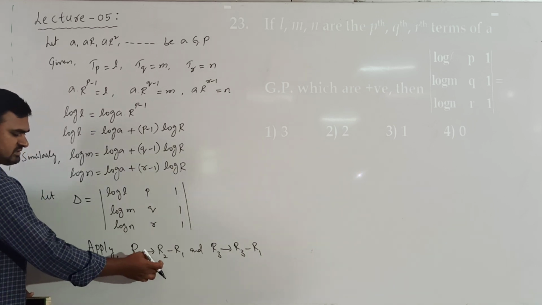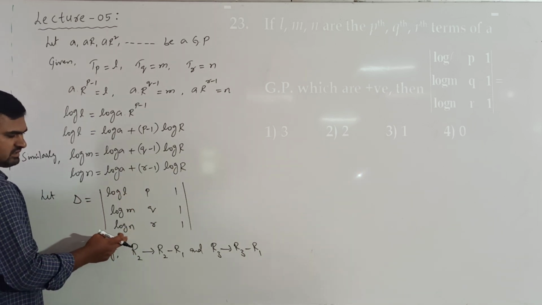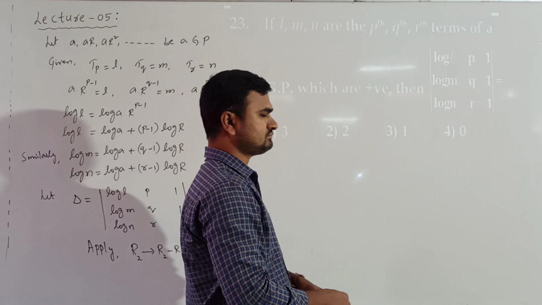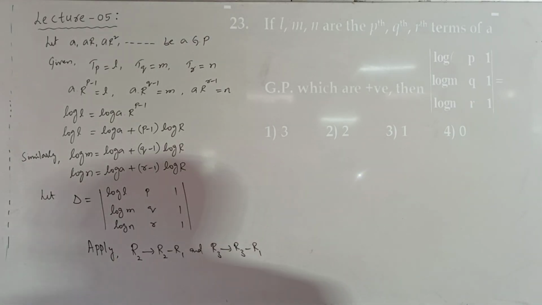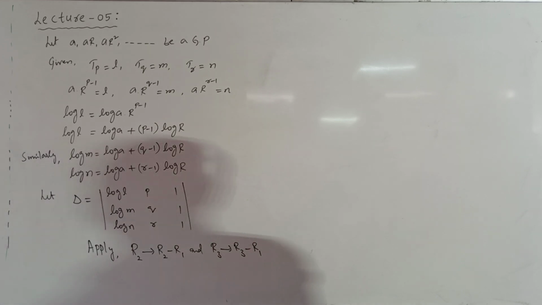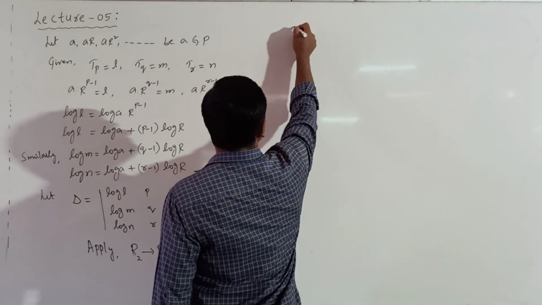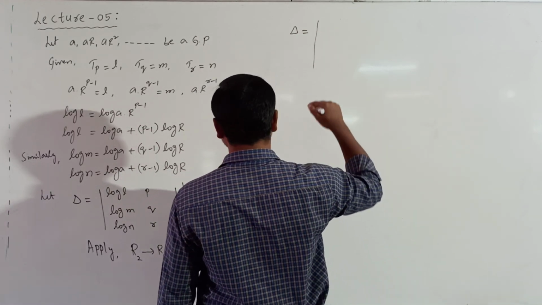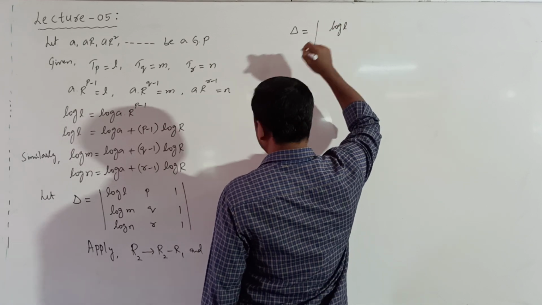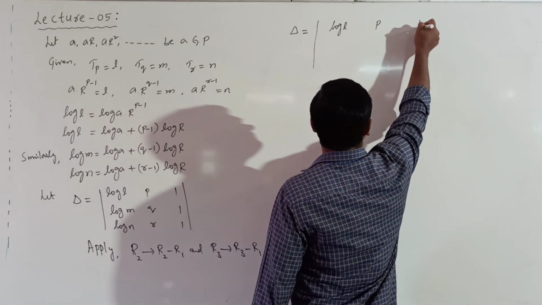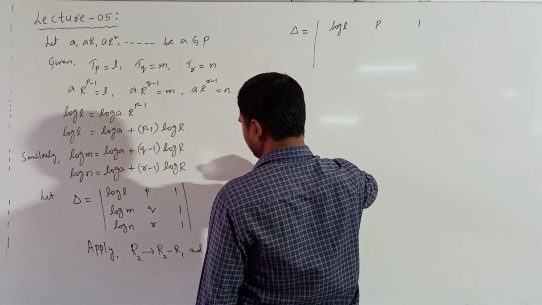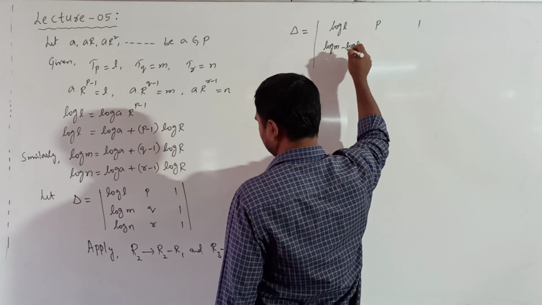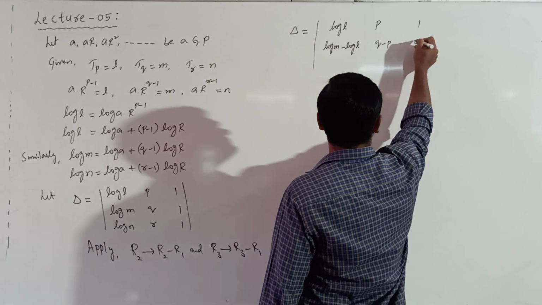So applying R2 is R2 minus R1 and R3 is R3 minus R1, we get delta as: R1 is the same, log L, P, 1. R2 is log M minus log L, Q minus P, 0.